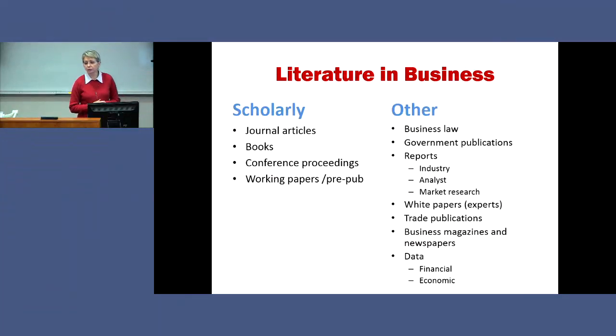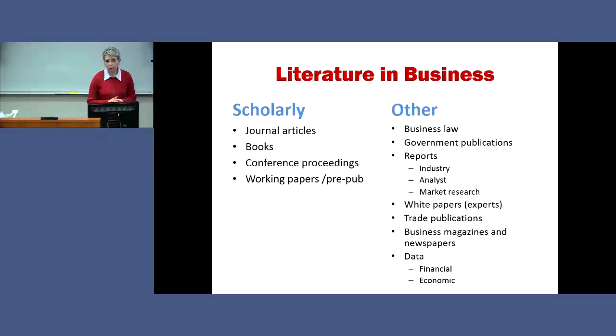Other types of literature you need to be aware of are called expert papers, or sometimes you may come across the name white papers, and for our purposes they're very important as well. Trade publications are something that quite often is overlooked by researchers, but these are very important for many business classes.